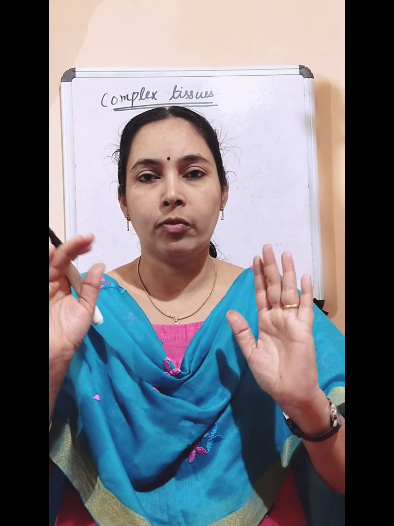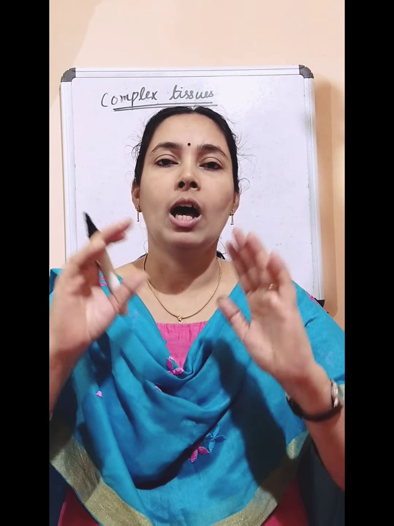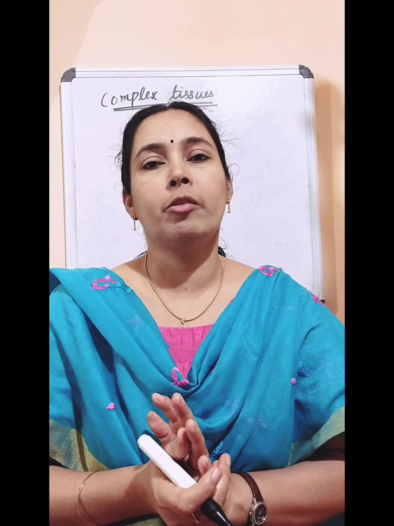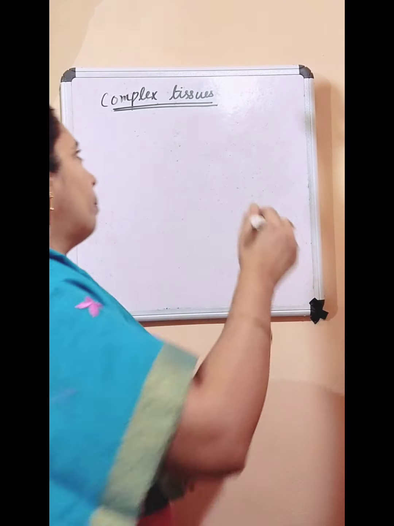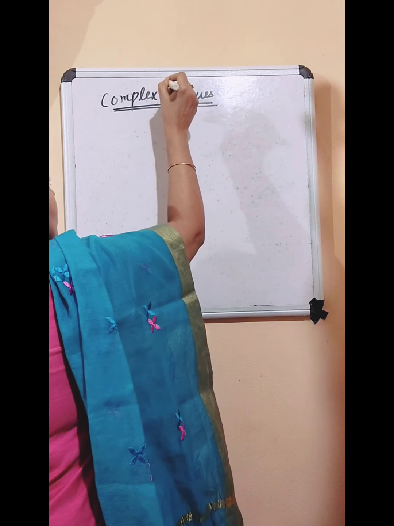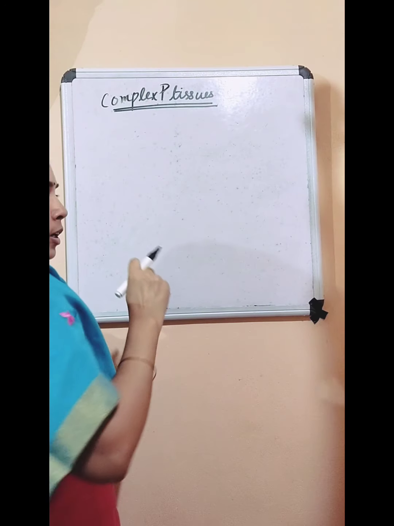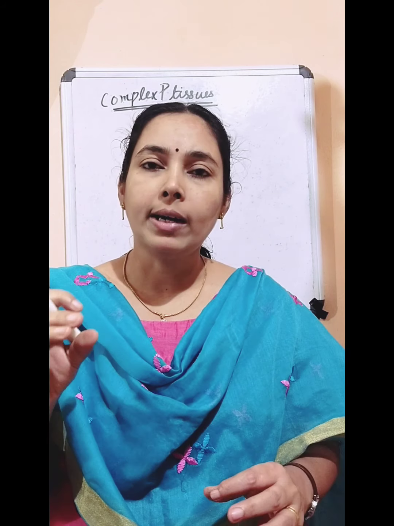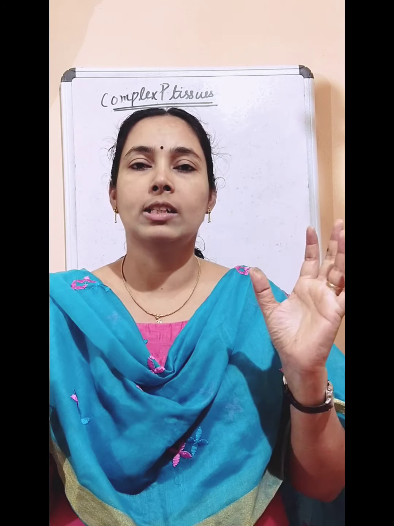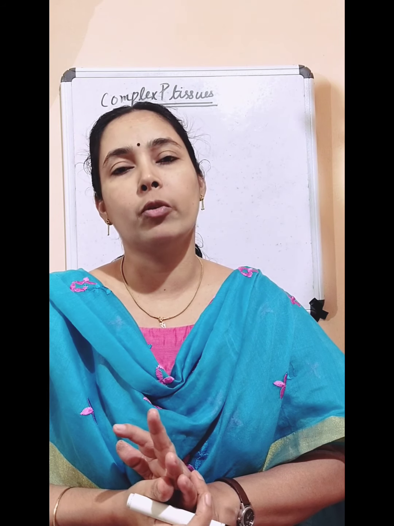But all these different types of cells join together to perform a common function. Okay, so in complex permanent tissues, we can see more than one type of cells with different structure, but all these cells are joined together to perform the same function.